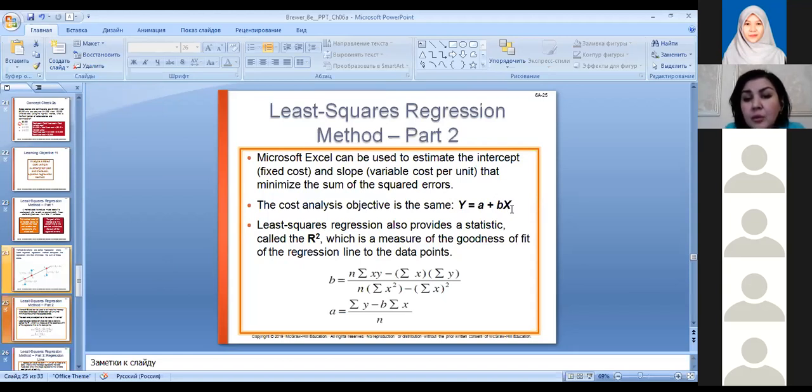And how to calculate B using the least squares regression method, the formula is given for you, how to calculate B, and how to calculate A, fixed cost. When we know A and B values, we simply replace them in our equation, and we can calculate again total cost for any level of activity, for any number of units.